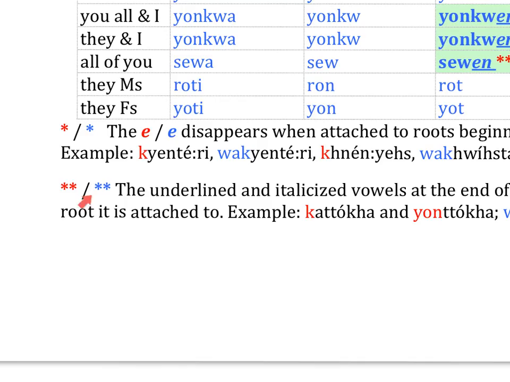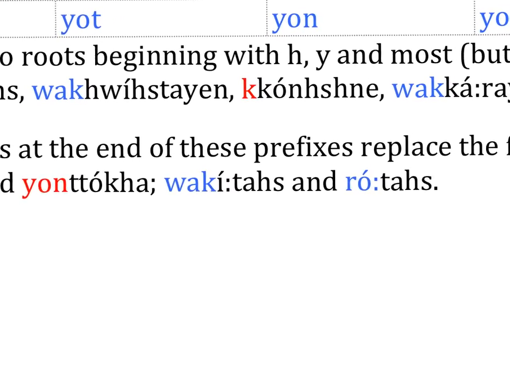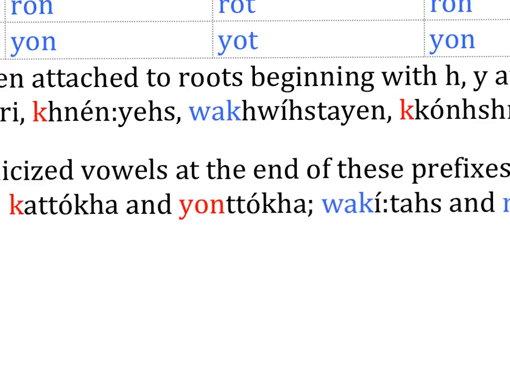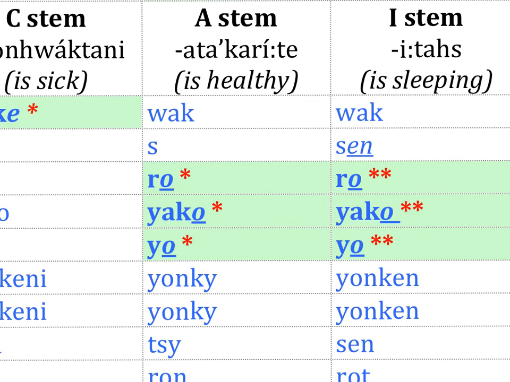Now we see another rule at the bottom here, that the underlined and italicized vowels at the end of the prefixes replace the first letters of the root that it's attached to. And that rule will be applicable to us in this unit when we are learning the root aderyandere, to know something. Aderyandere means to know something.